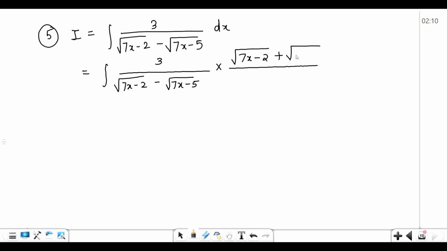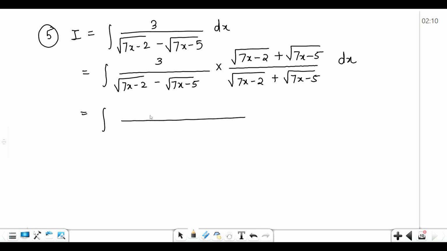This is how you do the rationalization, dx. So in the numerator it becomes 3 times (square root of (7x - 2) plus square root of (7x - 5)).